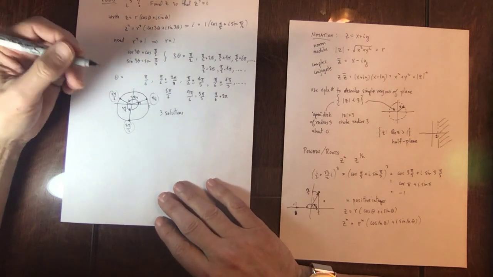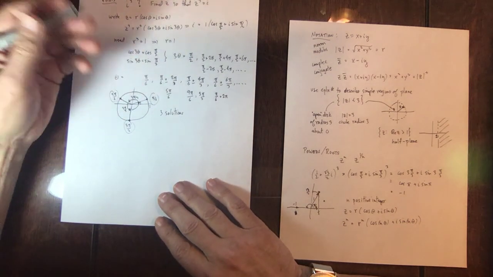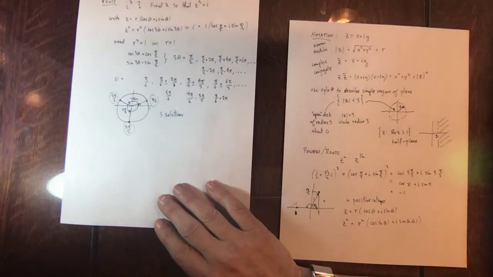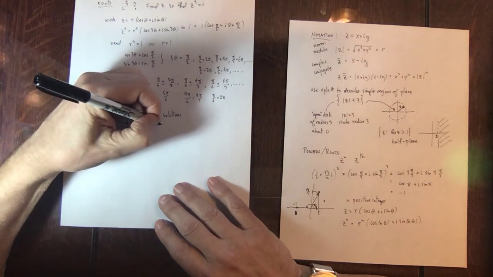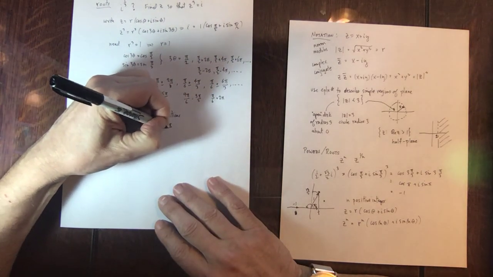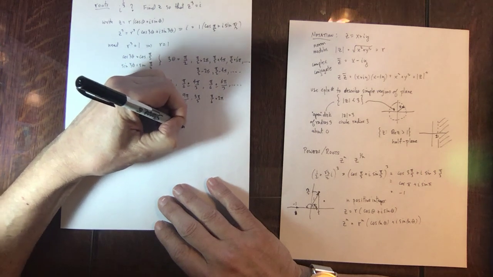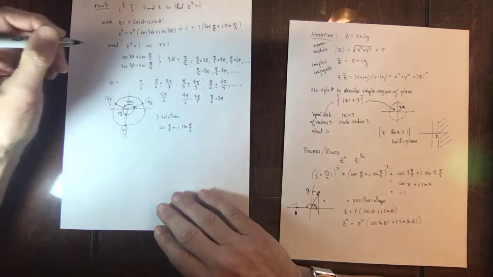Namely, well, they all have length 1, so that simplifies this problem. So we have the cosine of pi over 6 plus I times the sine of pi over 6.